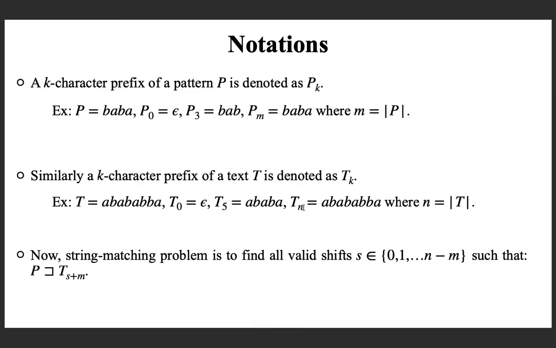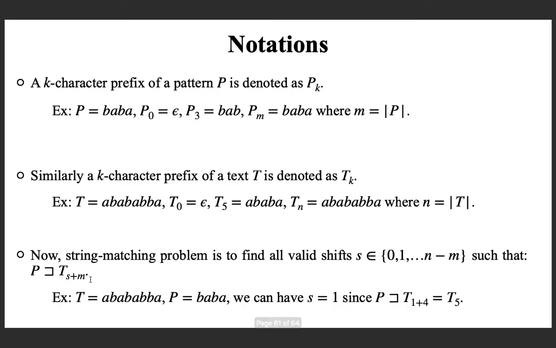Now we can say that the string matching problem is to find all valid shifts s such that P is a suffix of T subscript s plus m. This is a prefix of the text. So what basically we are saying, maybe the example will make it clear.